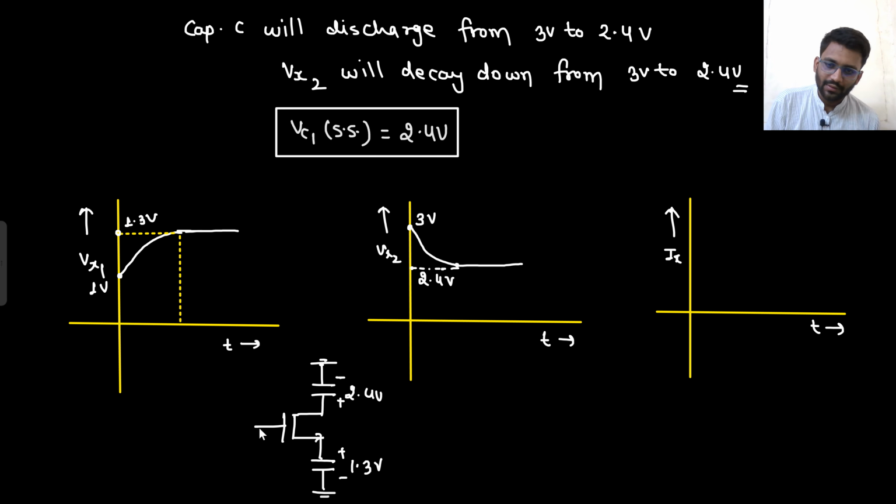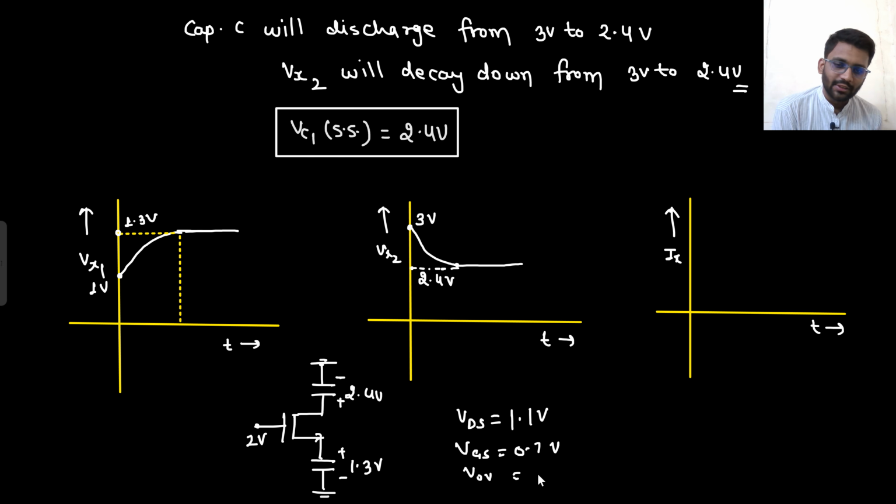And this was 2, right? So here what is your VDS? VDS is 1.1 volt. What is your VGS? That is 0.7 volt. And VOV will be 0 volt only.